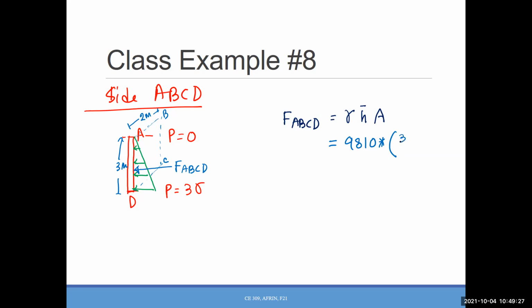So that will be 3 over 2. Area is 3 multiplied with, give me the answer very quickly. 88210.